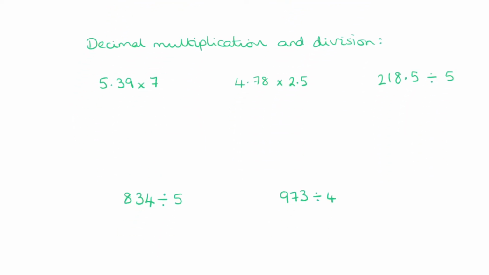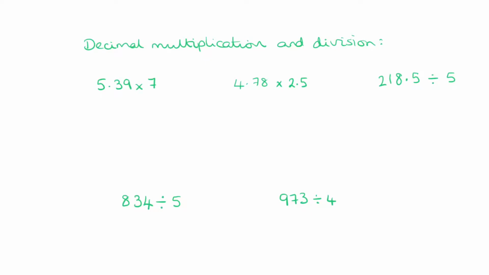So next we're going on to multiplication and division. We've already done a little bit of this recently, but it's the dividing that I want to get on to really today. So 5.39 times 7, we know how to do that. We do it as a normal multiplication and then we put the decimal point in afterwards.